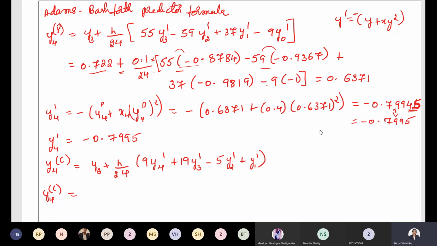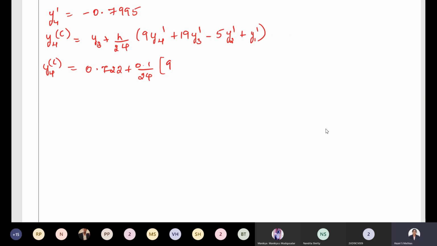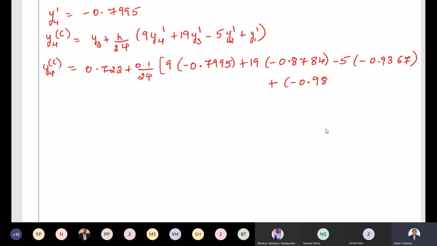Apply it. The y3 value is 0.722 plus h value 0.1 divided by 24 into 9 times y4 dash, which we just calculated, minus 0.7995, plus 19 times y3 dash, minus 0.8784, minus 5 times y2 dash, minus 0.9367, plus y1 dash, minus 0.9819.